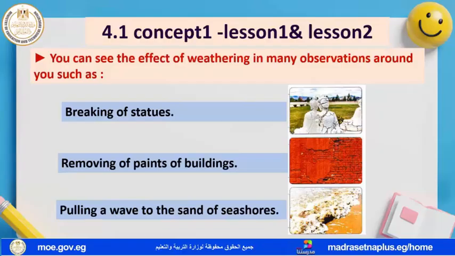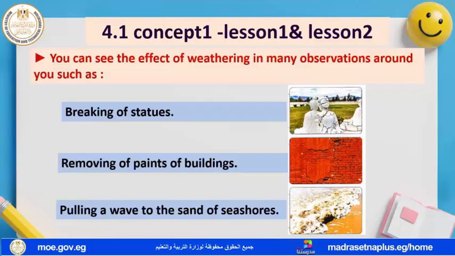You can answer: breaking down of a statue, removing of paint from a building, waves pulling the sand of seashores. And sometimes you are asked to give a reason for the breaking of a statue or removing of paint. The answer is: due to weathering.